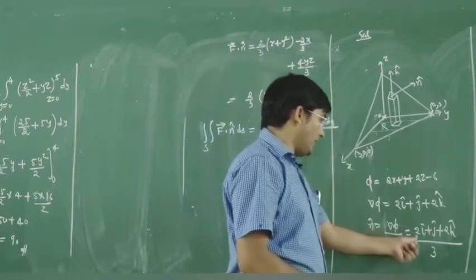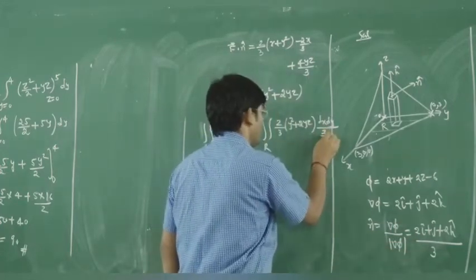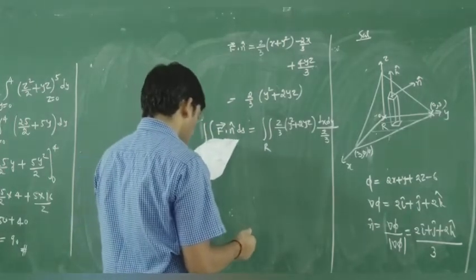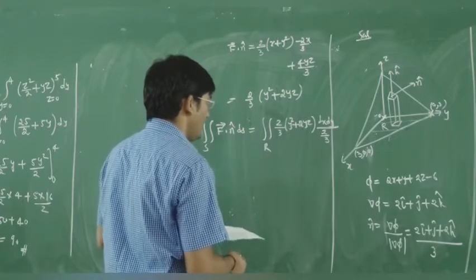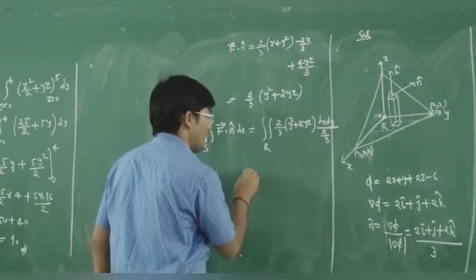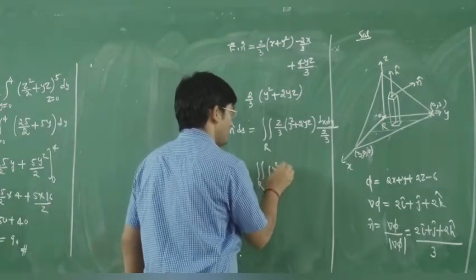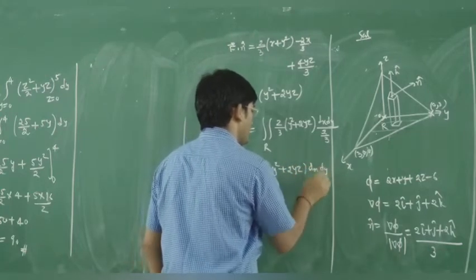Now the value of n dot i is 2 by 3, so the 2 by 3 gets cancelled. So this is equal to the double integral over R of y square plus 2yz dx dy.